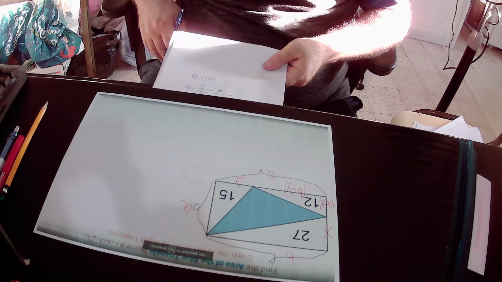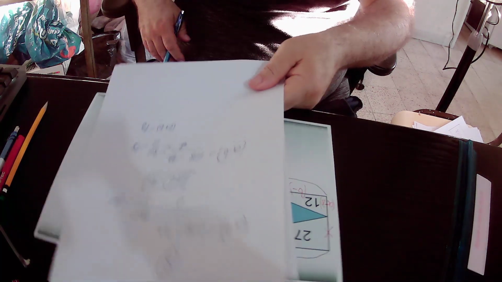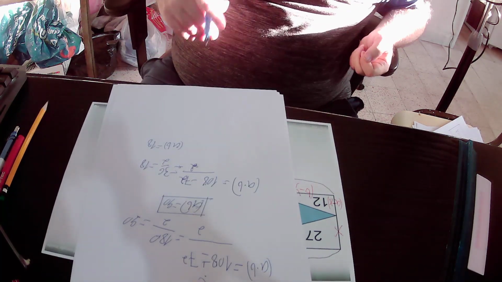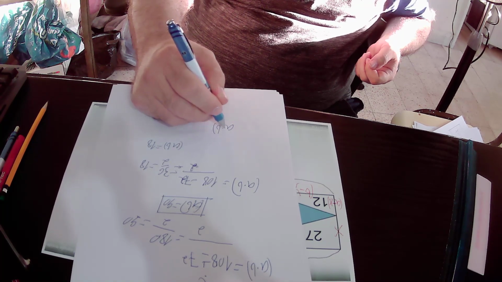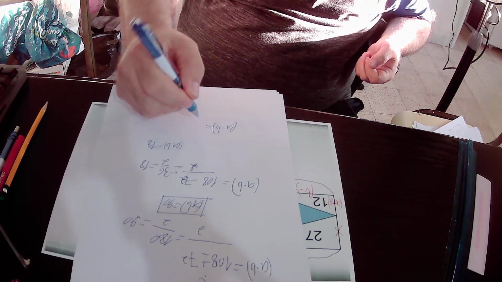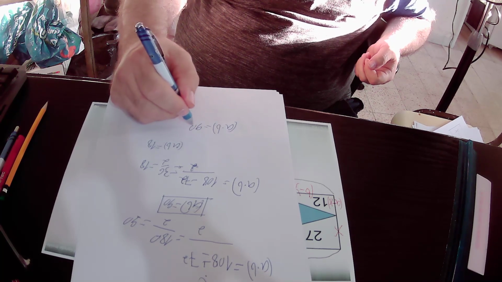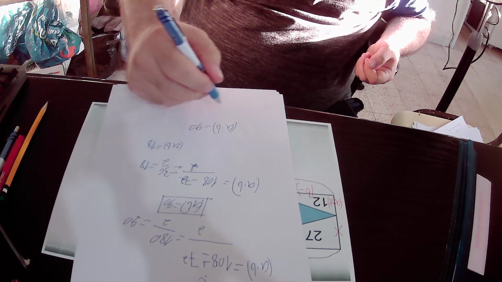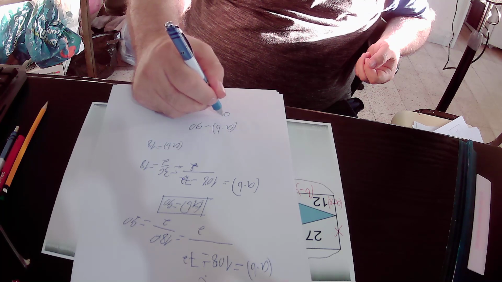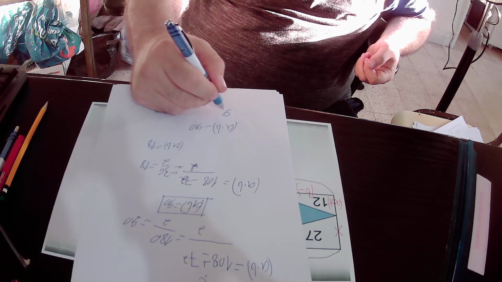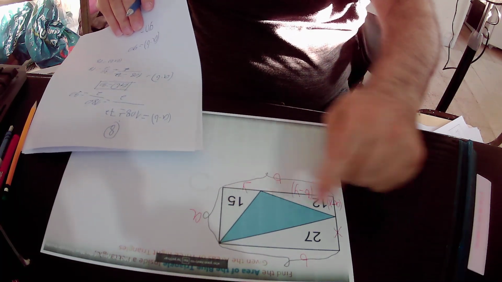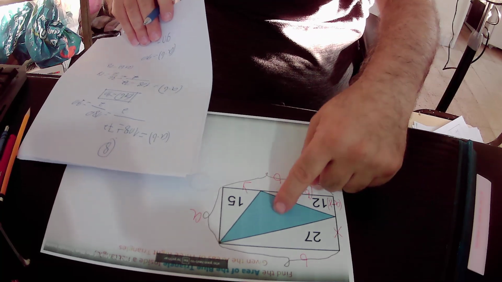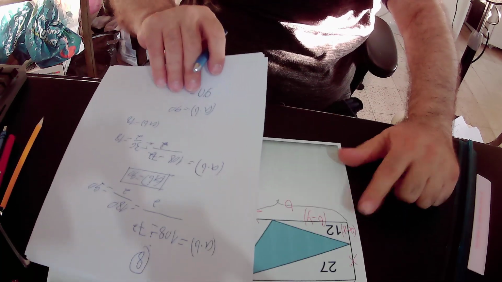So the only answer that is left, that A times B equals 90 units, and as I already told you, the area of the rectangle that equals 90 units minus the areas of those three right triangles equals the area of the blue triangle that we are looking for.